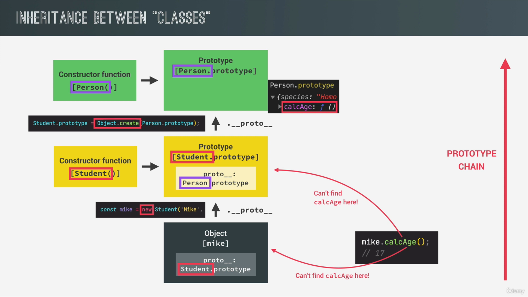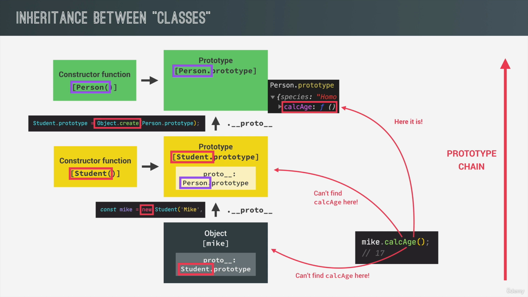So just like before, whenever we try to access a method that's not on the object's prototype, then JavaScript will look up even further in the prototype chain and see if it can find the method, so in the parent prototype. And that's exactly what happens here. So JavaScript will finally find the calcAge in Person.prototype, which is exactly where we defined it.